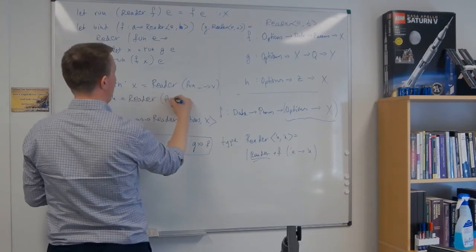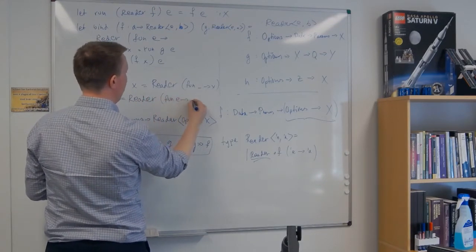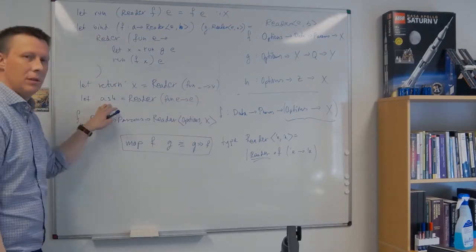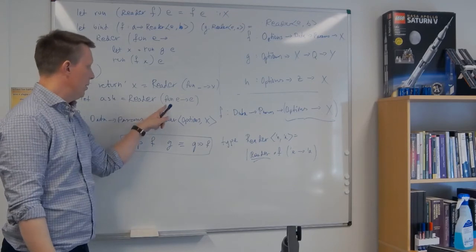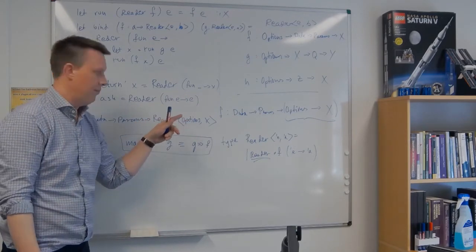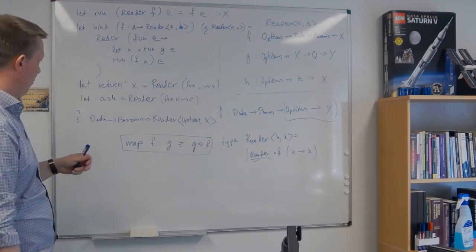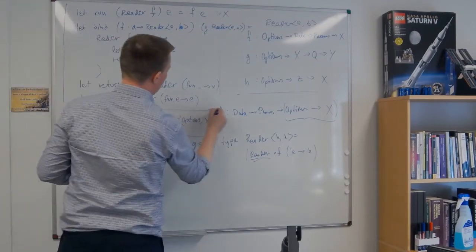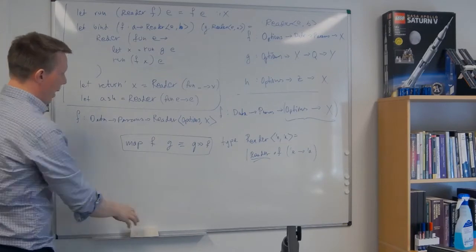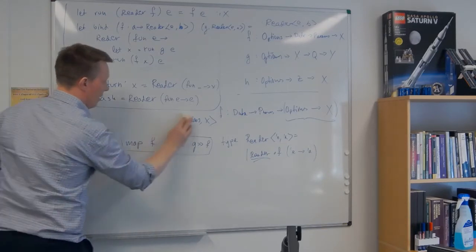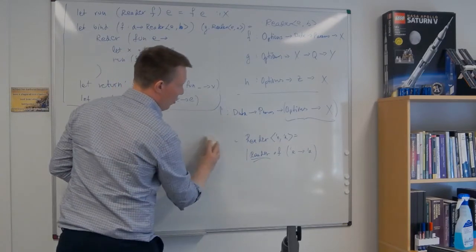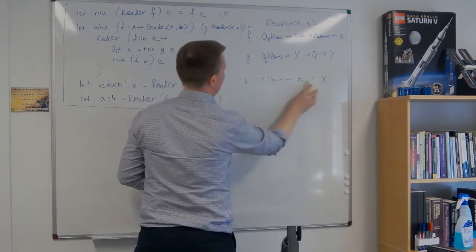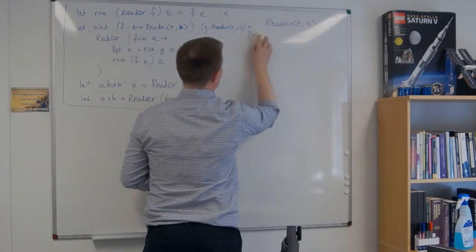It's going to be a function from e to e. So what does this ask do? Whenever it's called, it will just return the environment. So this is the heavy lifting for the reader monad. Now we need to implement a few more things, and then we can see how this is ultra useful and beautiful.